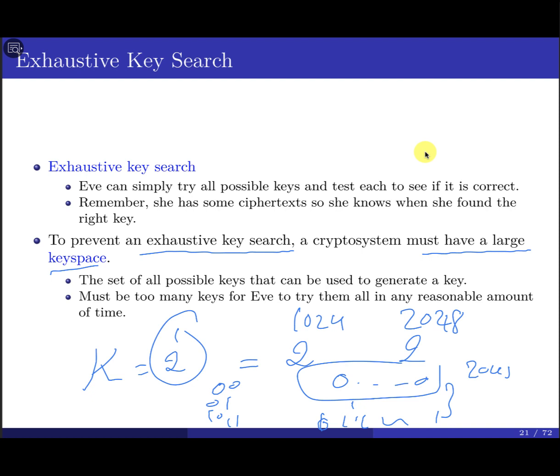If you try all of them, it's hard to perform. You're going to spend a long time, maybe until the end of the universe, the lifetime of the universe, trying to crack the system. So make it harder.